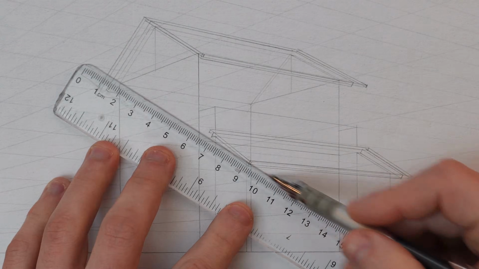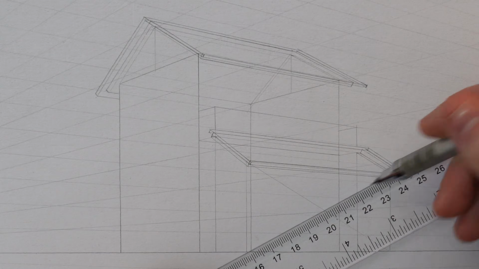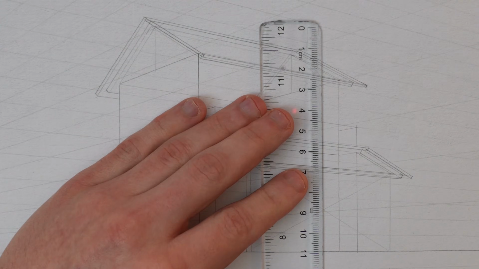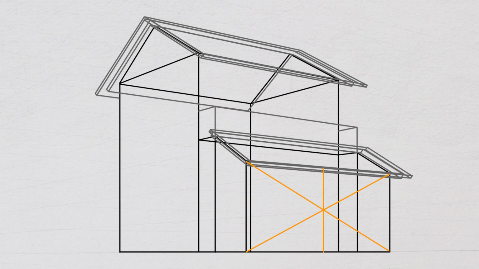Now at the very front here, I'll divide up this plane by drawing 2 diagonal lines from each corner. This allows me to find the centre where I can add a vertical halfway line. This is a useful technique because it helps us position things centrally whilst accounting for the convergence that occurs when drawing in perspective.